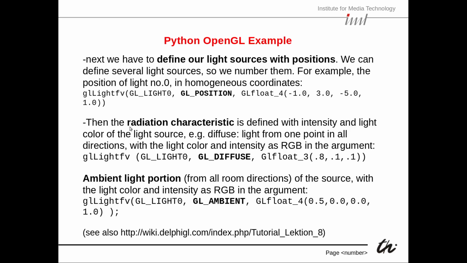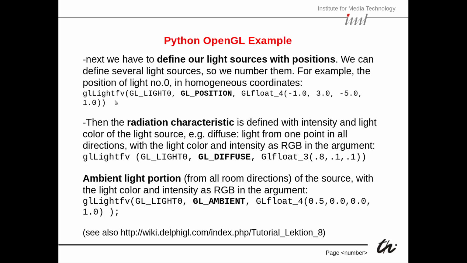Then we can define the radiation characteristic, which is defined with intensity and light color of the light source, for instance diffuse, which means light from one point in all directions, and with the light color and intensity as RGB in the argument. So here we have light number 0 again.